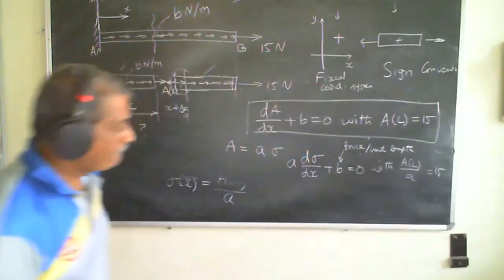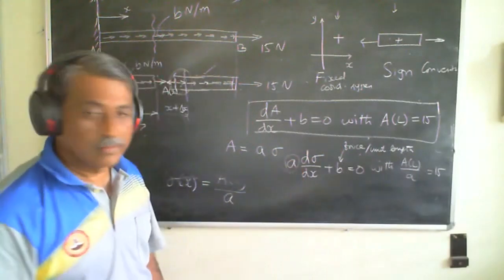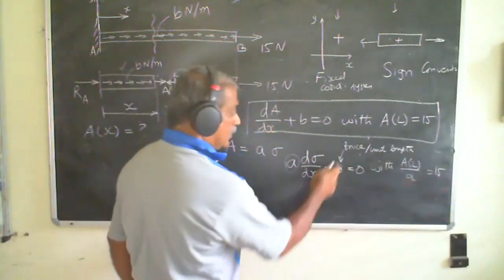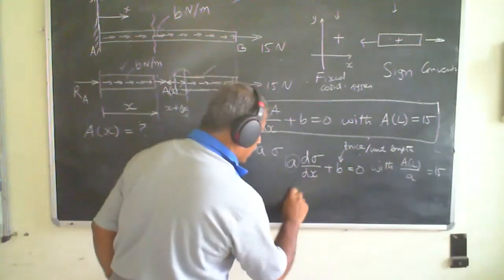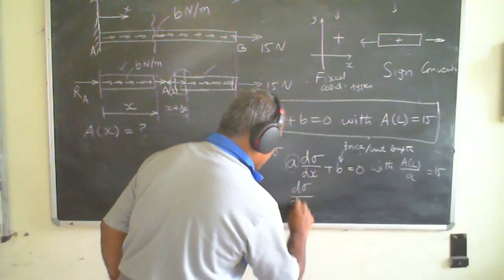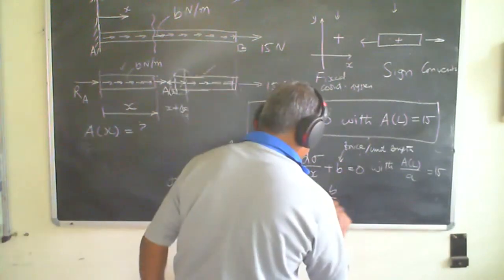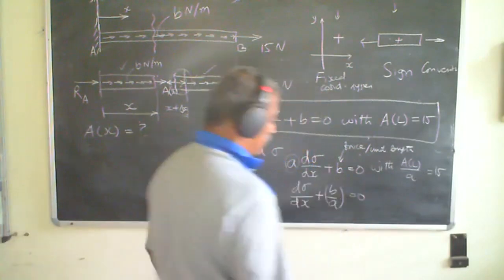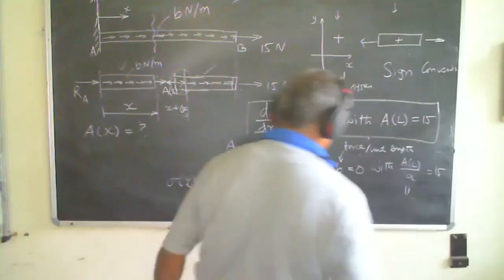Okay. And this area is the area of cross section, right? Now, if I divide, so this is already force per unit length. If I divide by area, I get d sigma by dx plus b by a is equal to 0. So far, okay, with whatever condition that I have here.